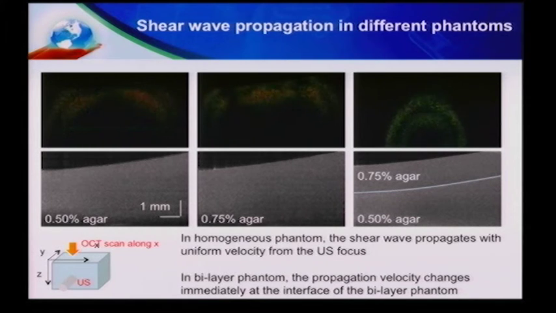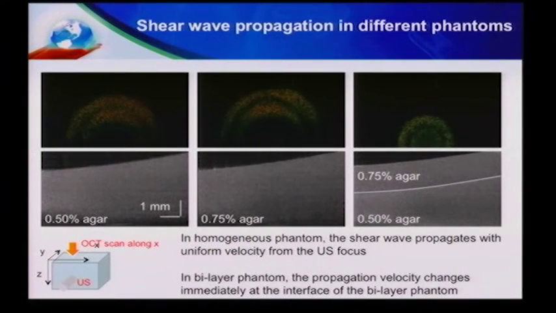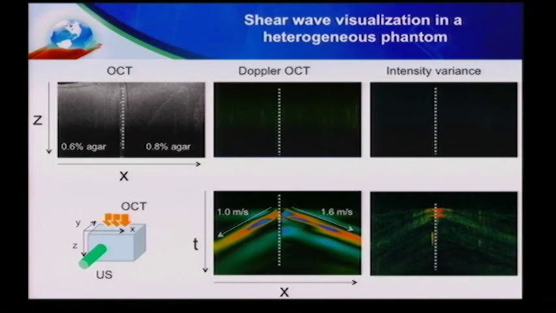From that arrangement, you can see a pure shear wave propagation in the phantom, and you can quantify the tissue mechanical property just by that shear wave. Again, you can see that they become not circular because of the interface.